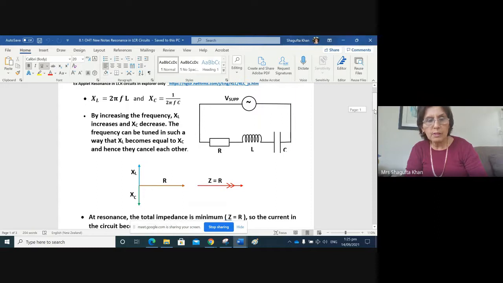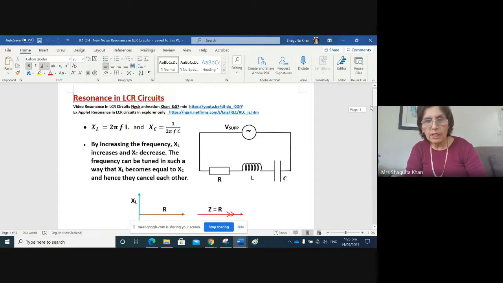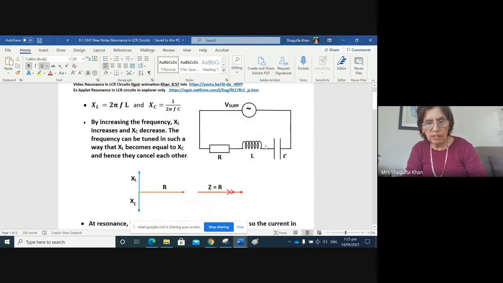So what do we mean by resonance? Resonance is when the frequency of the supply is such that XL and XC become equal. And when they become equal, the total impedance in the circuit becomes minimum. And how much is the minimum impedance?